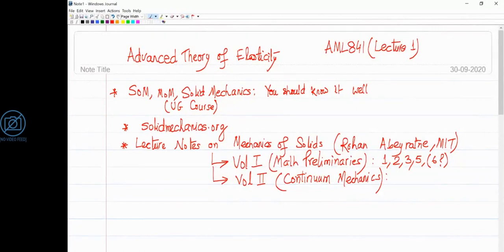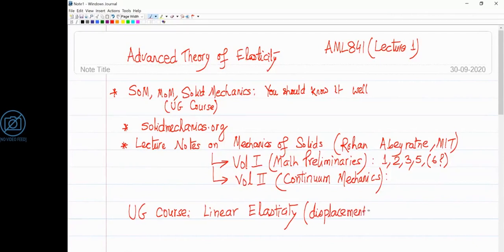Okay, but what we are going to learn is advanced theory of elasticity. For example, in your UG course, what you learned was just linear elasticity, which holds only when displacement is very small. But what if the displacement is large?